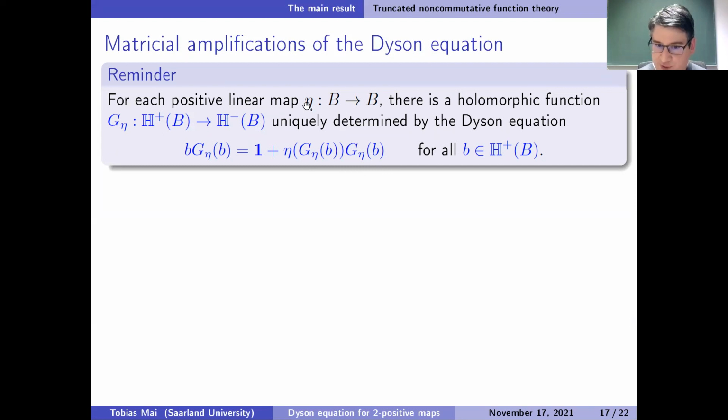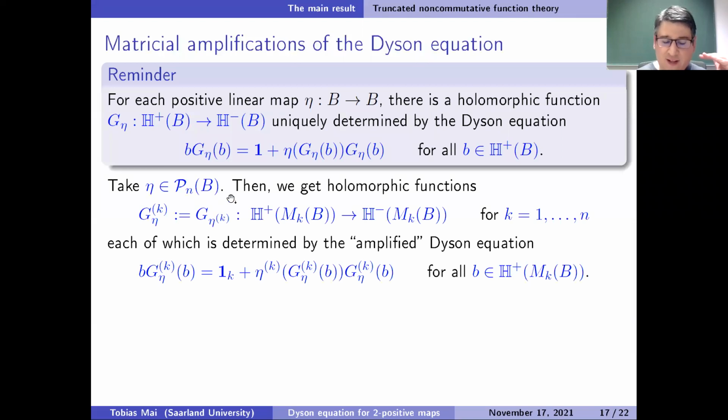And if eta is k-positive, we can consider this Dyson equation on every k by k level, for every eta_k. If eta is an n-positive map, this gives me for every k from 1 to n a function from the upper half plane over the k by k matrices over B to the upper half plane over the k by k matrices over B, which satisfies the so-called amplified Dyson equation.